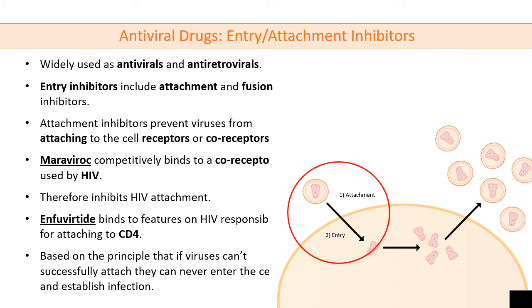For some examples, here we have maraviroc and enfuvirtide. These are drugs that are inhibiting the attachment of the virus to the cell surface and the entry of the virus into the cell. Again, if you don't know these steps, you really just need to go away and read them. They're in the textbooks. I'd encourage you to read up on them. The principle, however, is that there are these specific steps that the virus engages in as part of its life cycle.